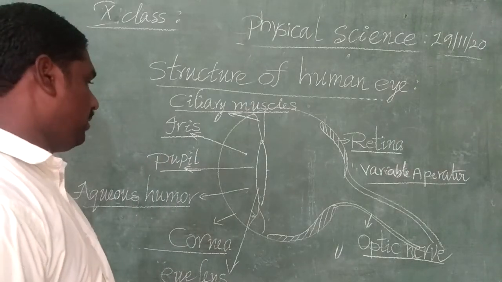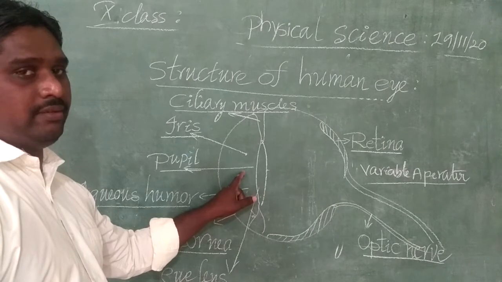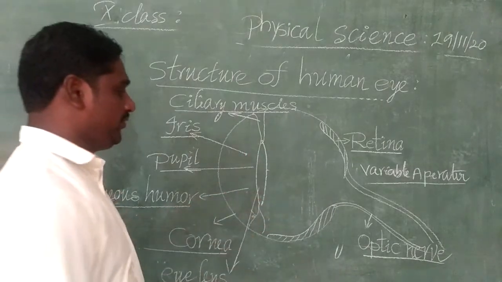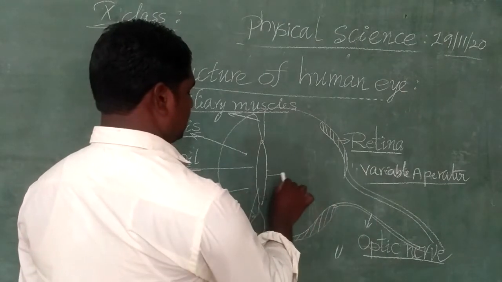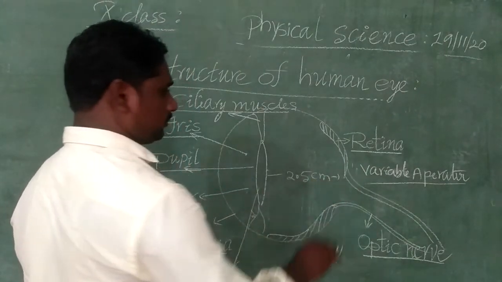Next, the eye lens forms the image on the retina. The distance between the retina and the lens is 2.5 centimeters.